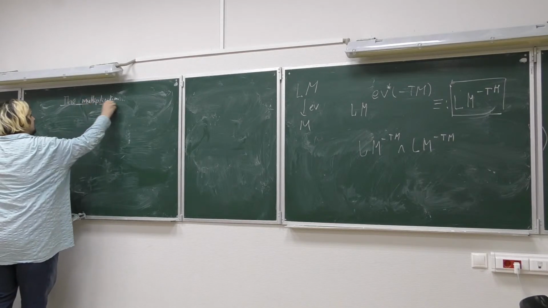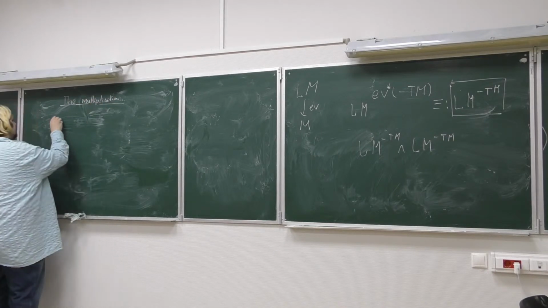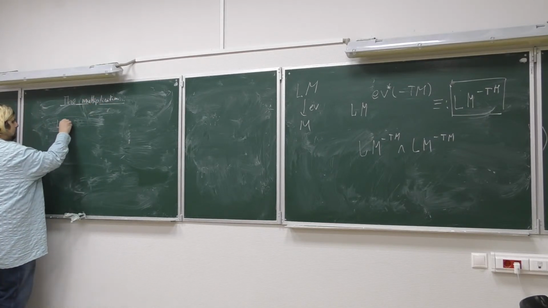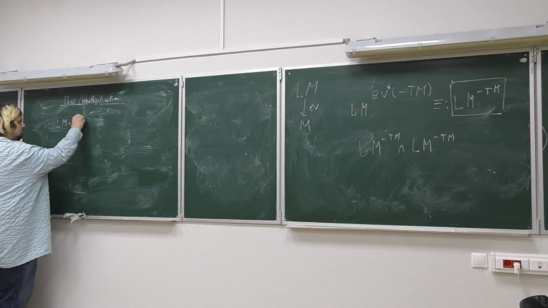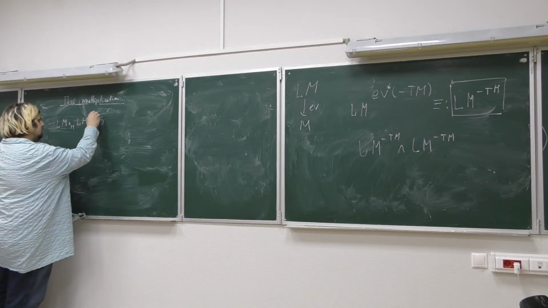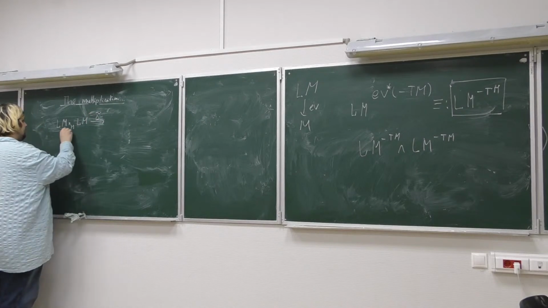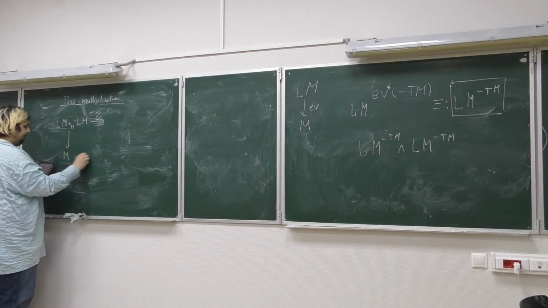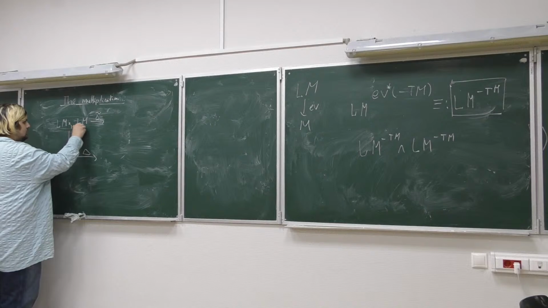And to find such a multiplication, we will consider the following diagram. So it is a Cartesian diagram.